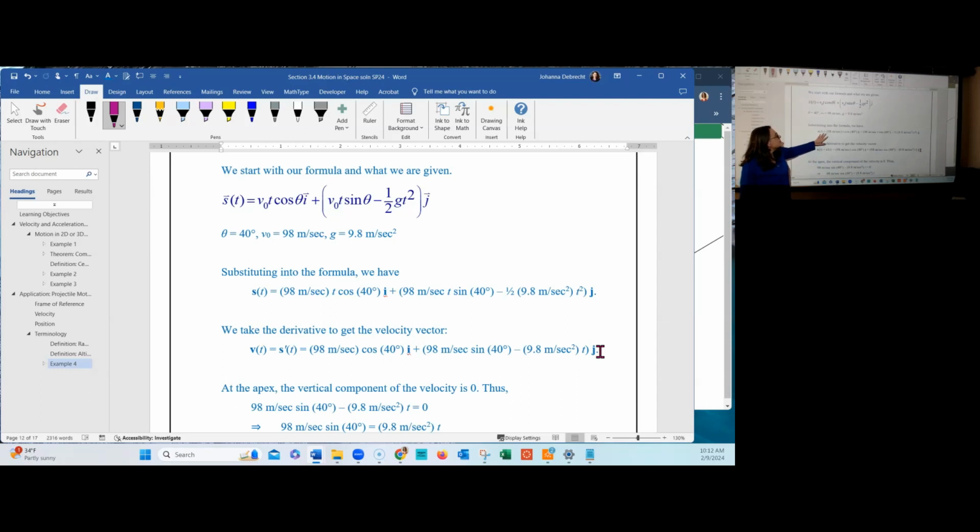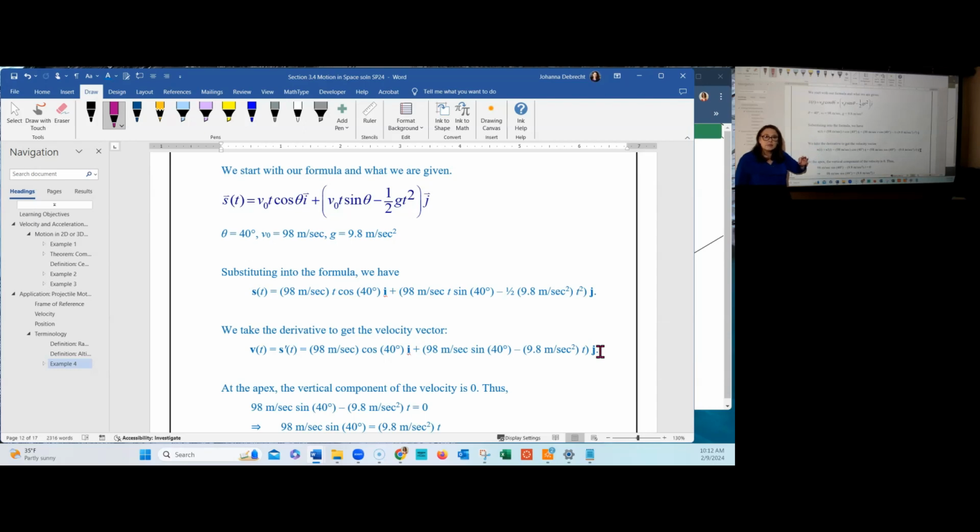If we substitute these values into the formula for our position vector valued function, we come up with the equation that you see here. And then we take the derivative to get the velocity vector. Remember, at the apex of the trajectory, the velocity in the y direction is 0, not in the x direction, or it would just fall. It still was traveling forward away from the archer, even at that point in time. So the velocity is not 0 there at the apex.